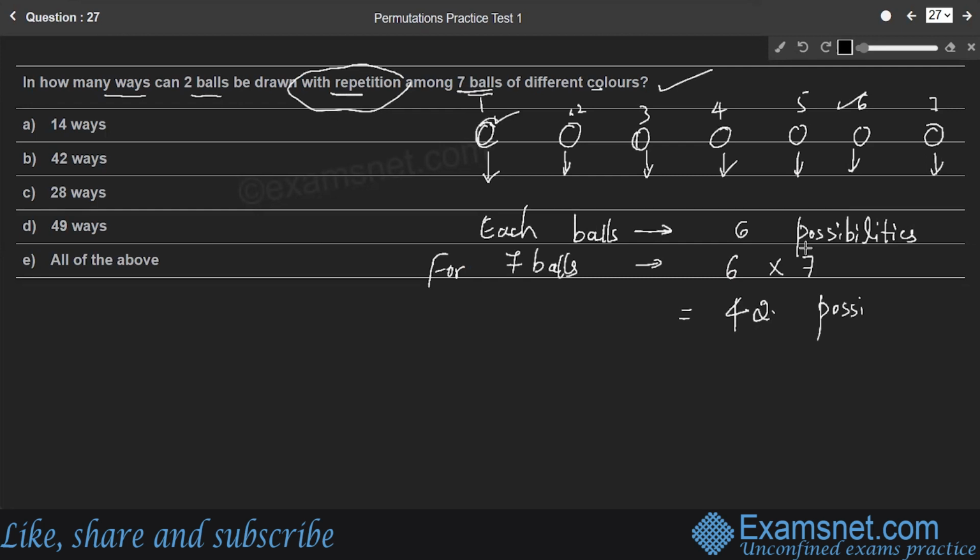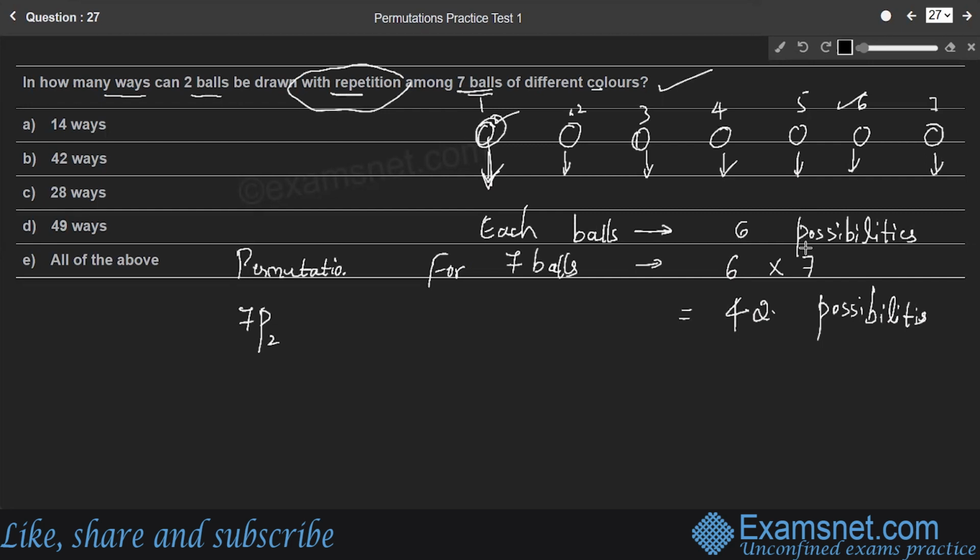So the ways of drawing 2 balls out of 7 balls is equal to 42, which is nothing but 7P2. This question is based on permutations.